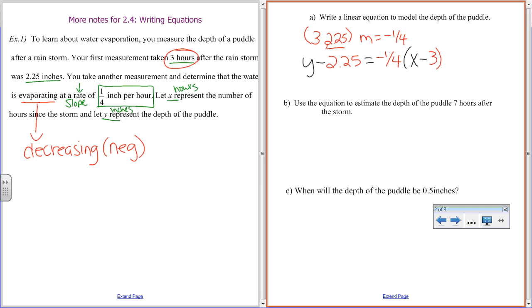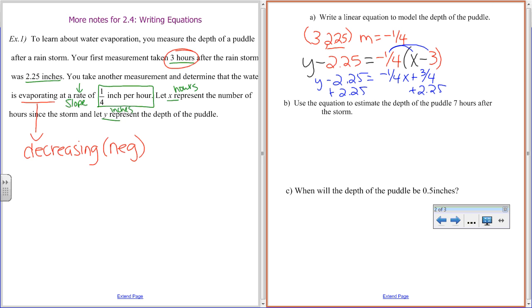So we're going to distribute. We have negative 1/4 x plus 3/4. We distribute the negative 1/4 to the negative 3. And then we have y minus 2.25. We're going to add 2.25.